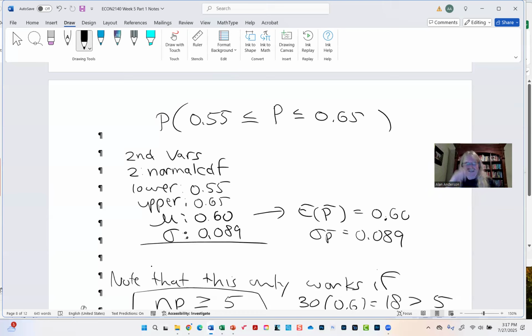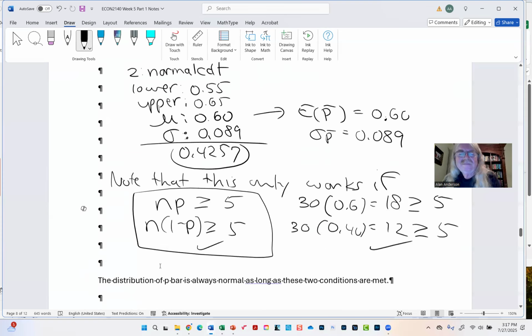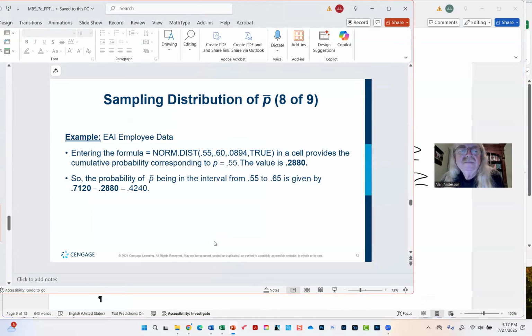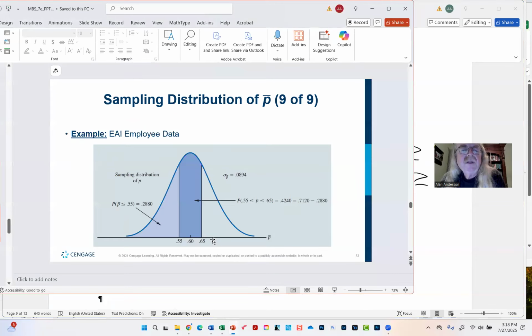Which leaves us with about 0.4257. Now theirs is a little different because of rounding. Plus they used Excel.